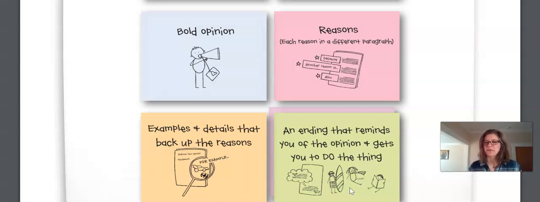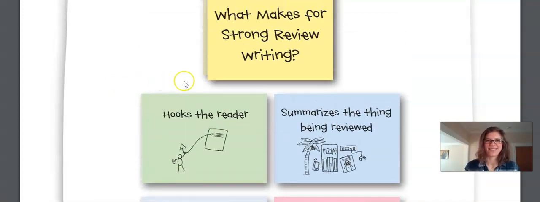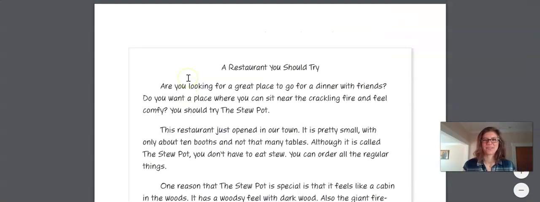Now, there were some new things that the writer did in this review that we are going to try today. One thing that the writer did, and you'll see this on your What Makes for Strong Review Writing chart, is the writer hooks the reader. Now, let's look at the example of where the writer did that.